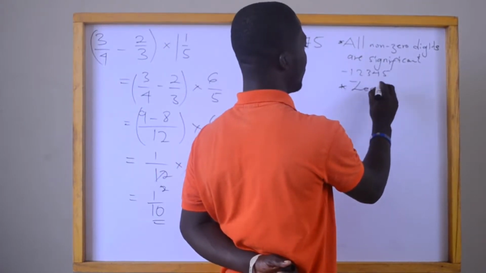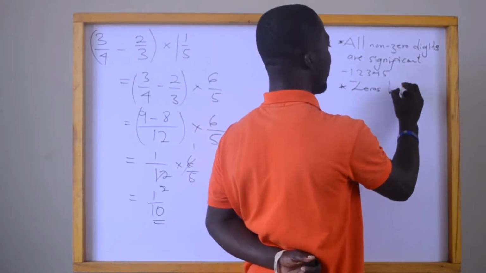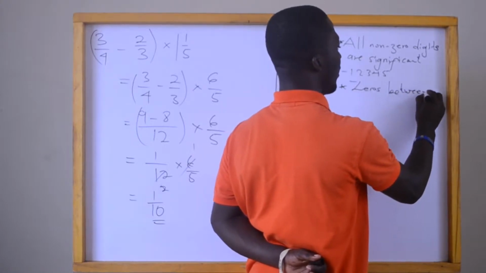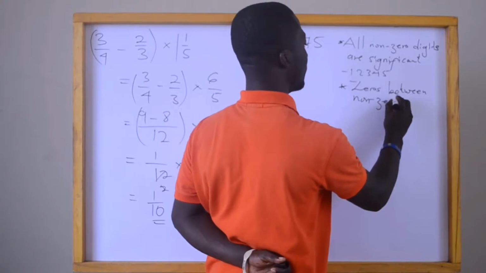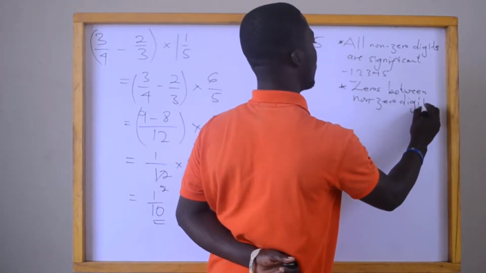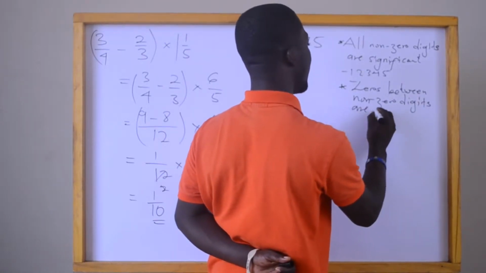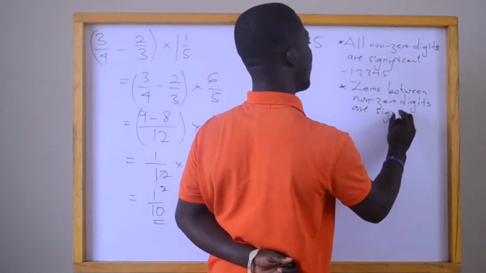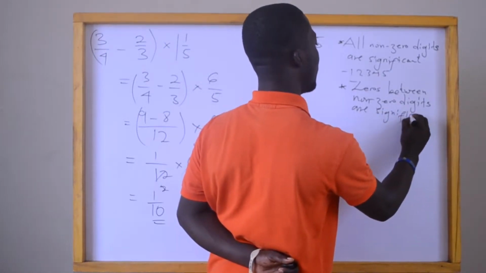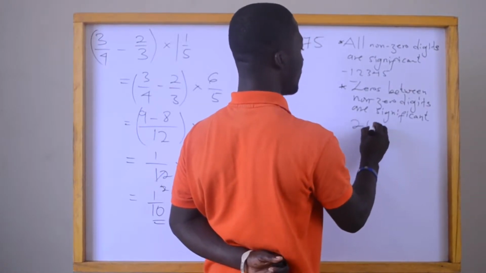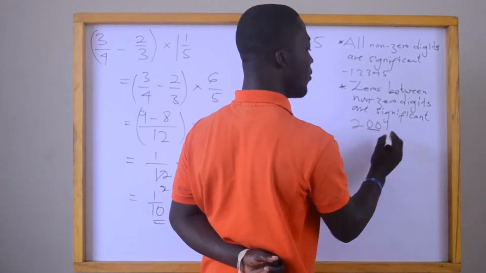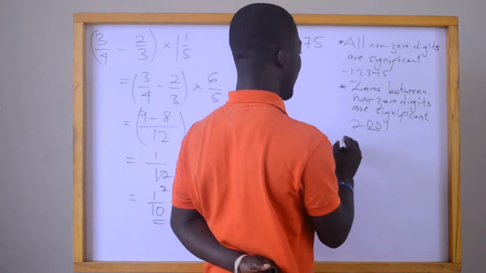And the next rule states that zeros between non-zero digits are significant. Which means when we have 2001, these two zeros are always significant.